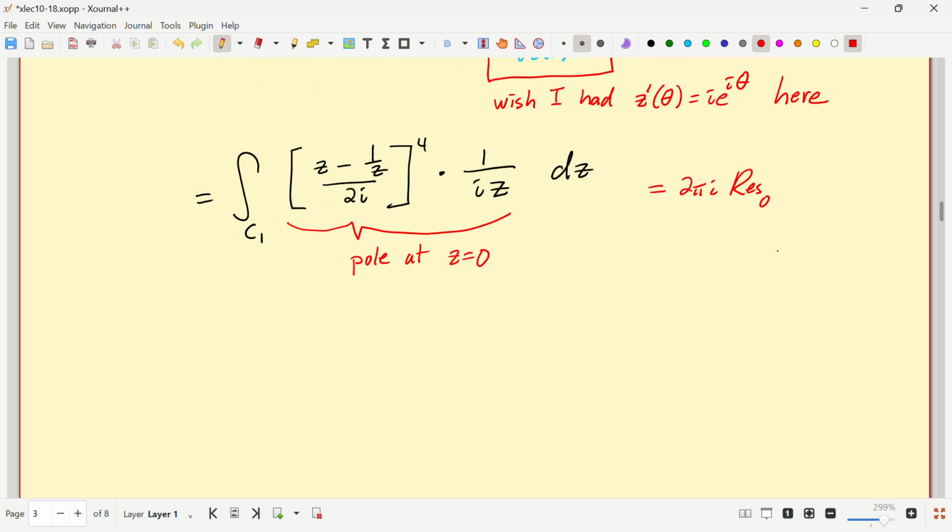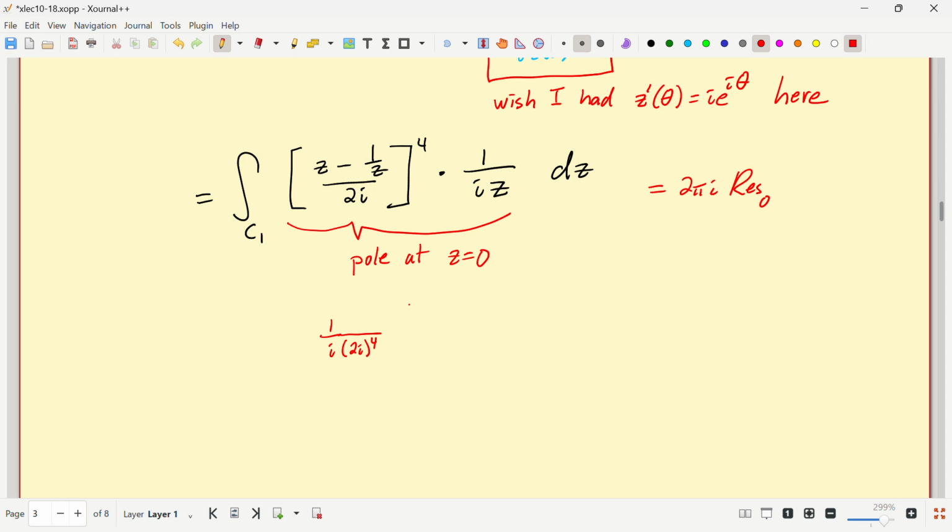Okay, let's figure out what that pole is. Let's see, if I use the binomial theorem on z minus 1 over z to the fourth, first I'll have a 1 over 2i to the fourth. And there's another i. So this function right here is 1 over i times 2i to the fourth.